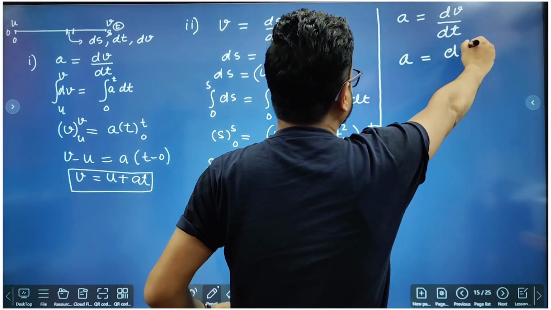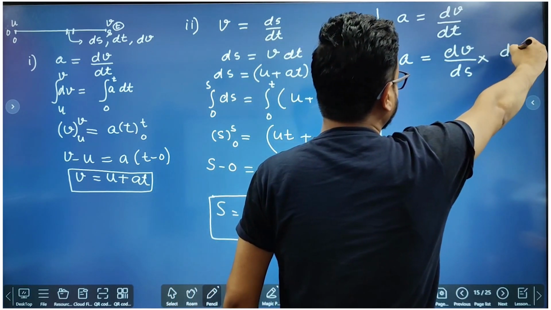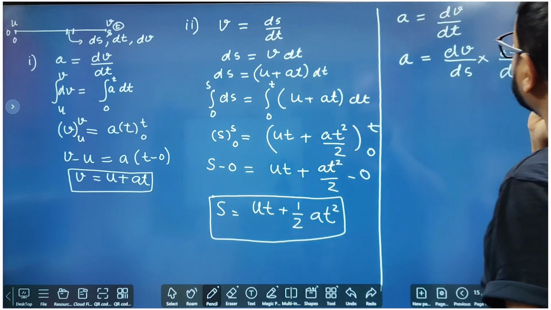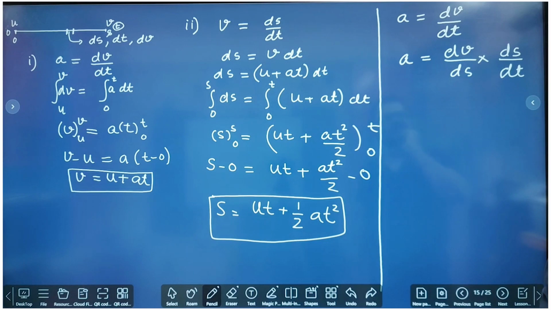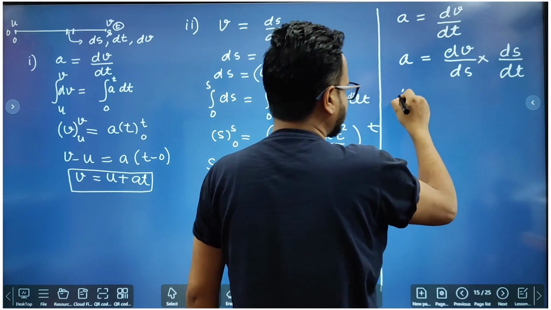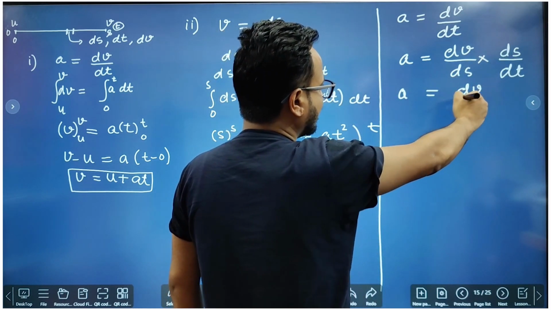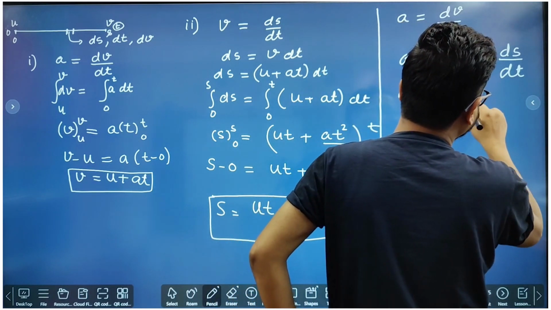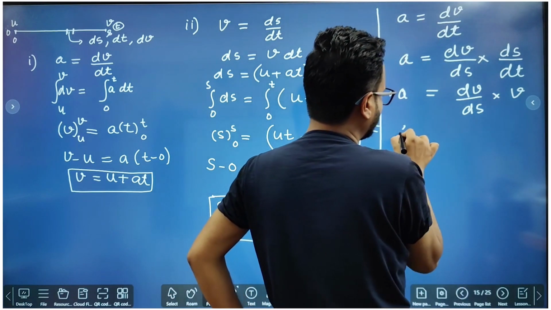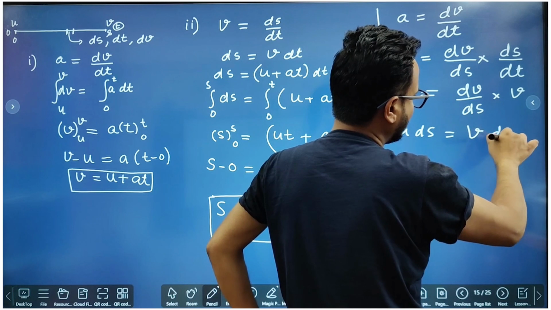We will divide it by ds and multiply it by ds, shifting this dt slightly. What is ds by dt? Ds by dt is v. Displacement over time is velocity. So dv over ds into v. So this gives a ds equal to v dv.